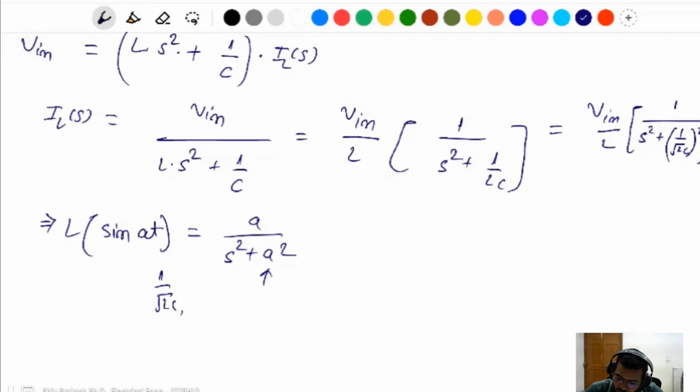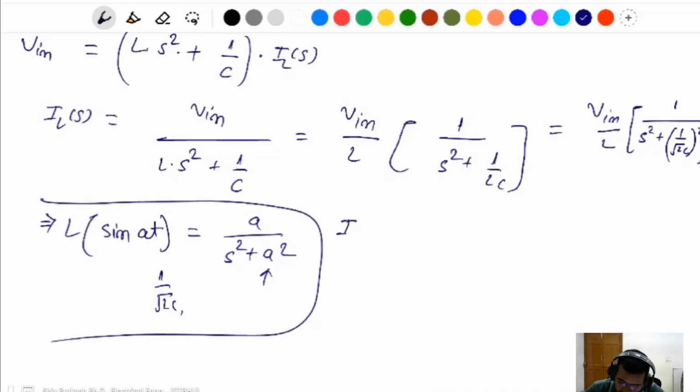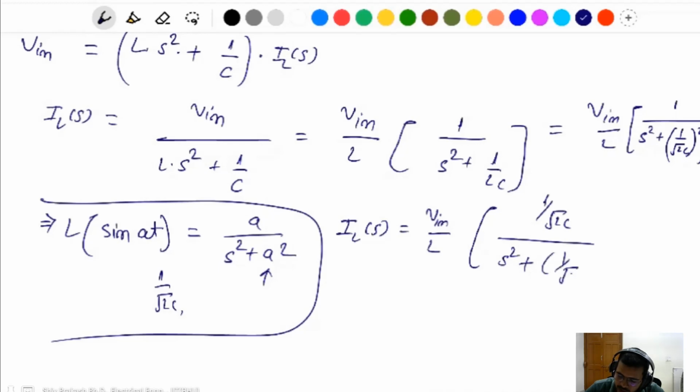Then multiply root of LC in the denominator and numerator, giving 1 by root of LC divided by s square plus 1 by root of LC times 1 by root of LC.